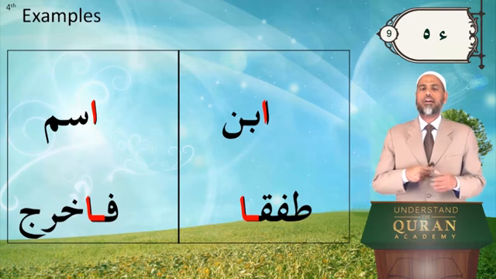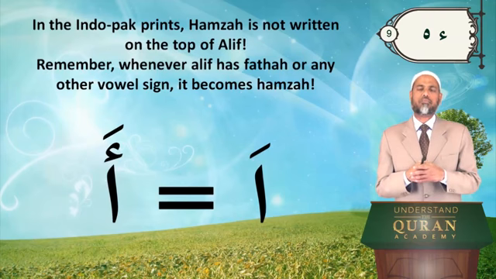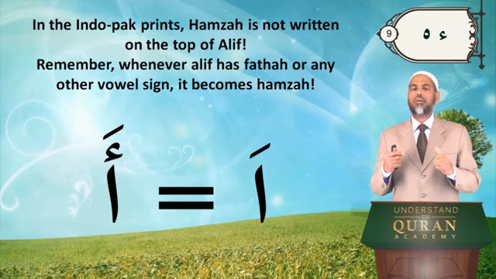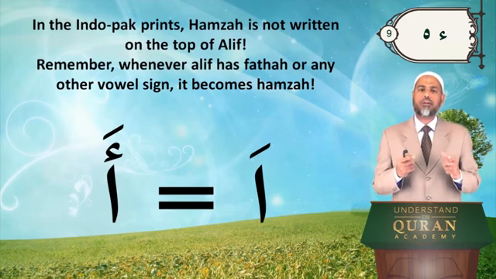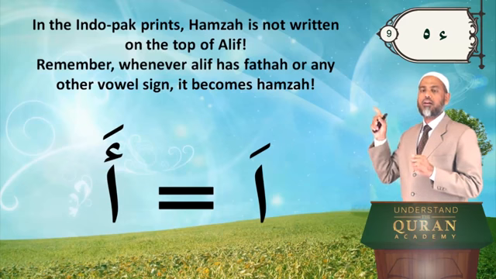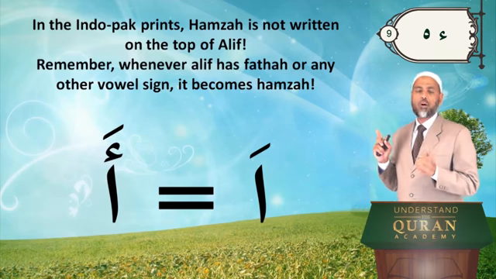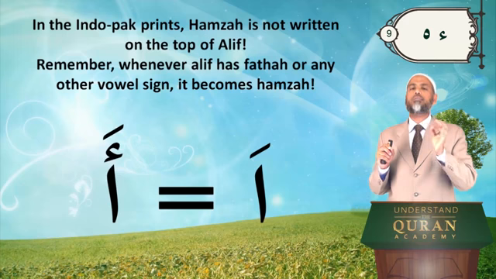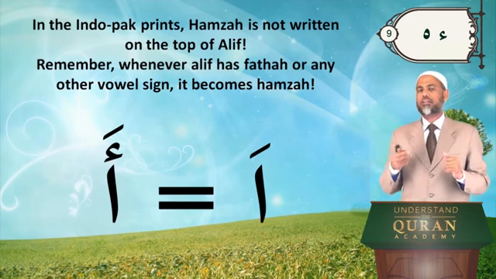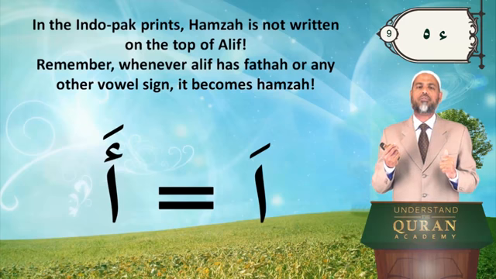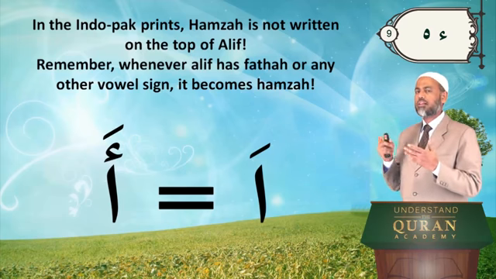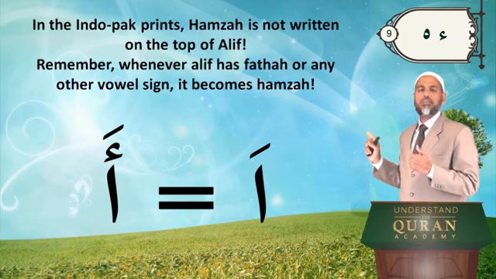But there is a very important point. Actually, I showed you different words, but whenever alif has fatha or kasra or any other vowel sign, it becomes Hamza. Because actually in Indo-Pak prints, unfortunately, Hamza is not written on the top of alif. So we tend to think that this is alif.